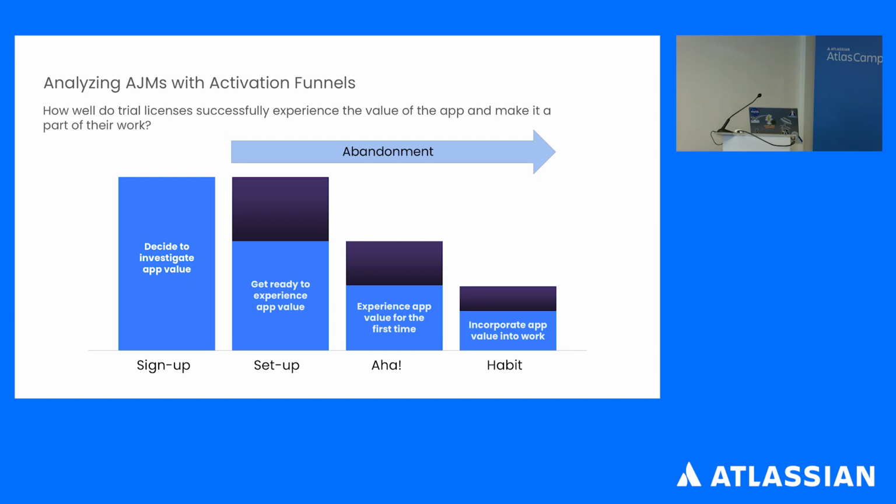And how many who started from the first step make it all the way to the habit? These dark bars are the drop-off. How many made it to one step in that journey but didn't make it to the next? Could be a number of reasons why, but that's how we analyze the success of our trial users making their way through that activation journey.